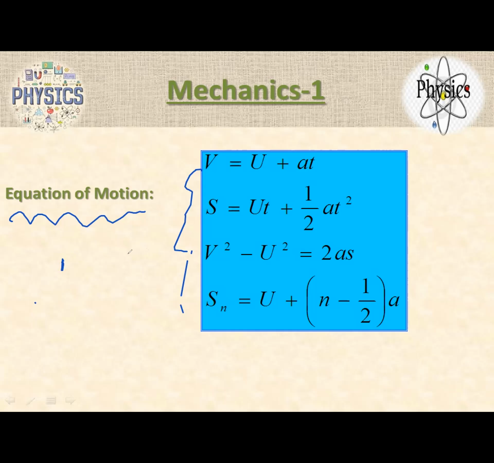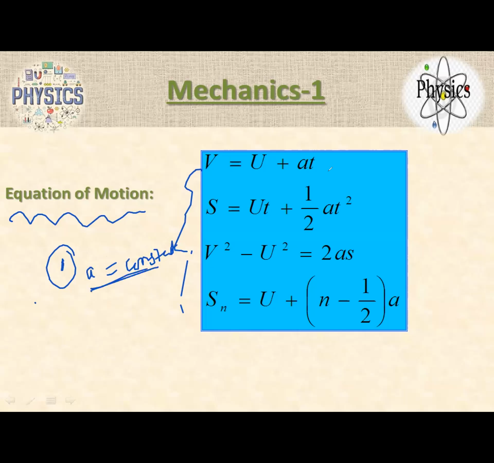But what is the main condition here? The condition is uniform acceleration. A is constant. We take here that A is constant.